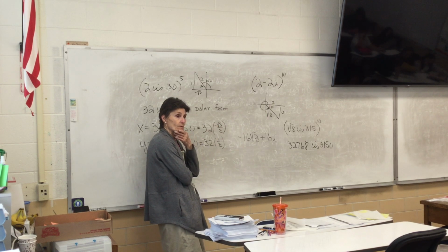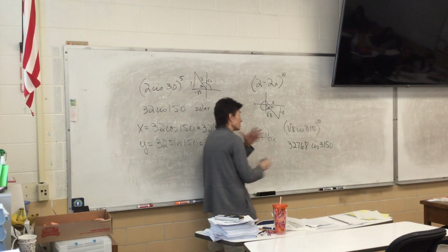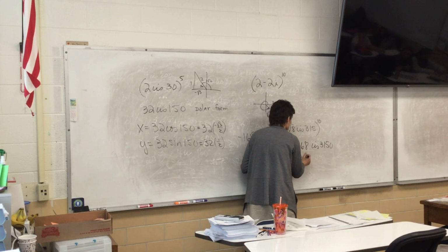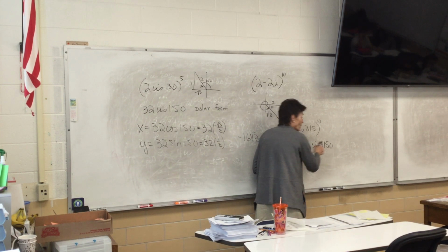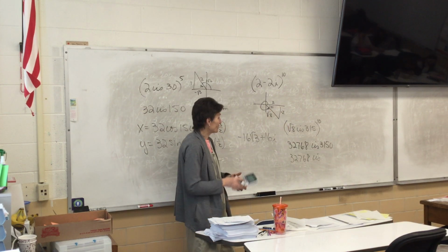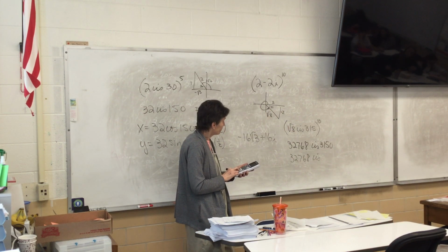All good? Actually, it's not all good. There's nothing wrong with 32768, but this angle is way too big. So what am I going to do there with that 3150?